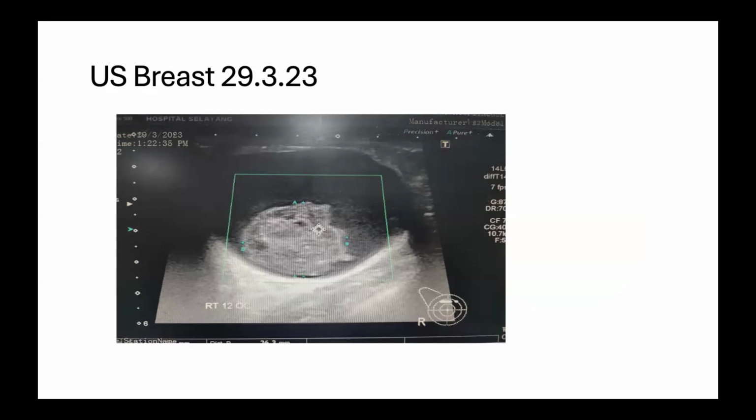So this is a very suspicious lesion. We ask for a biopsy. Which lesion are you talking about? The one that has a square inside. It's not that one. Outside is a cystic lesion.